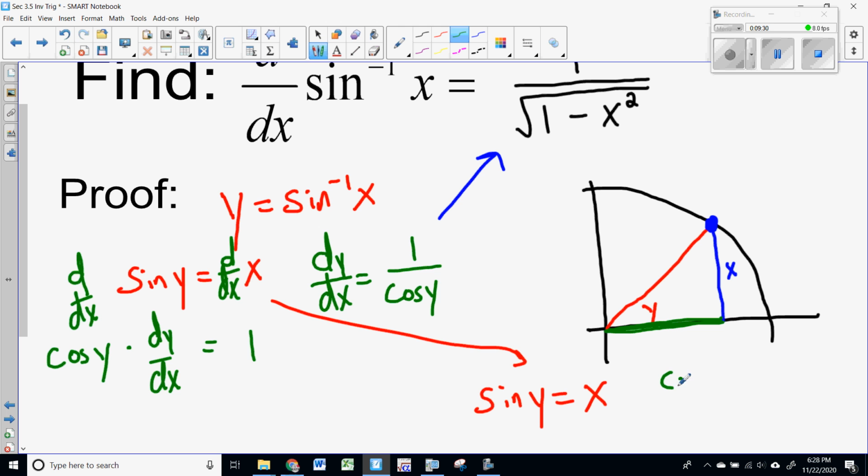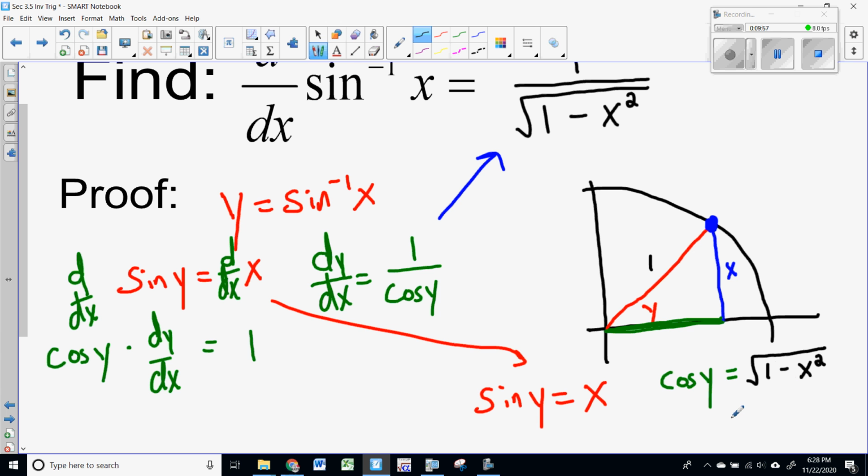The question is, what's cosine of y? Or another way to think about it is, what's the length of this side? Well, if this side is 1, we know by Pythagorean theorem that the green side squared plus x squared equals 1 squared. Or more importantly, that this side down here is the square root of 1 minus x squared.